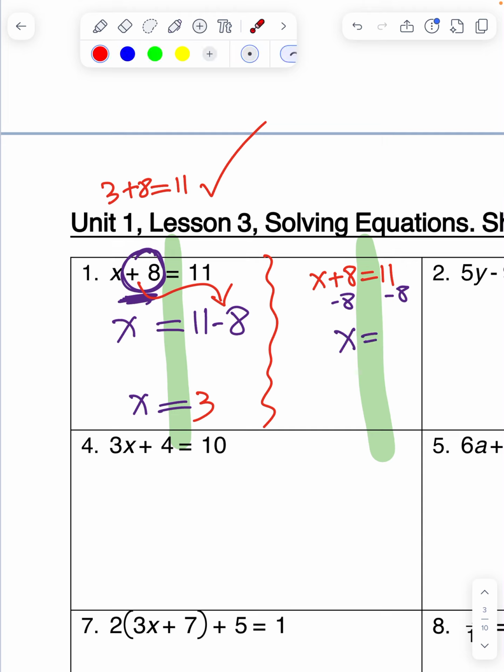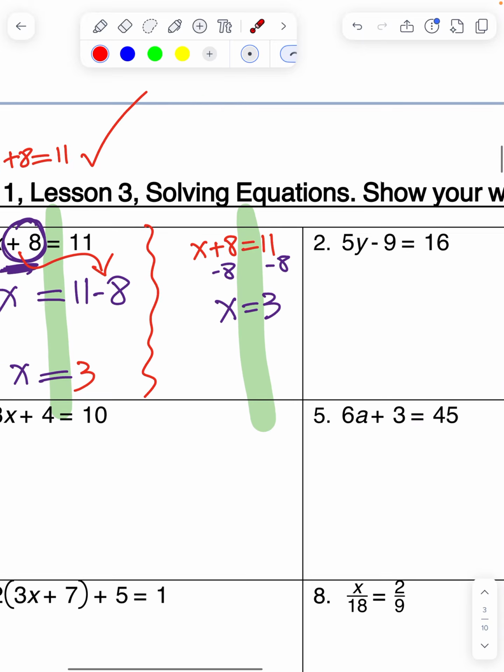On the other side, 11 minus 8, that's 3. Yeah, so that's 3. No matter which method you use, you should get the same answer. Yeah? Okay, you choose the way you like to solve the equation.